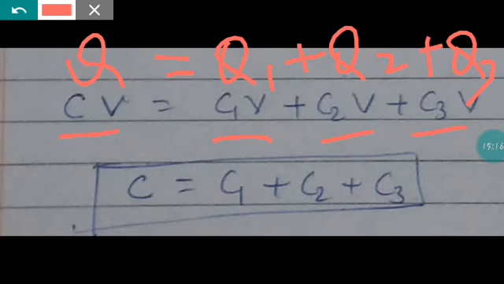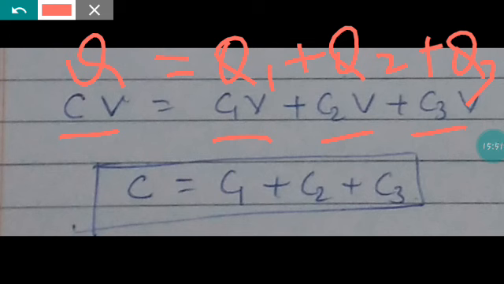Why is V common? As we know that all the capacitors are between the same end points A and B, they are parallel, therefore the potential difference will be the same for all the capacitors. It is the potential difference, not capacitance, that is equal for all the capacitors since they are connected in parallel between the same end points.